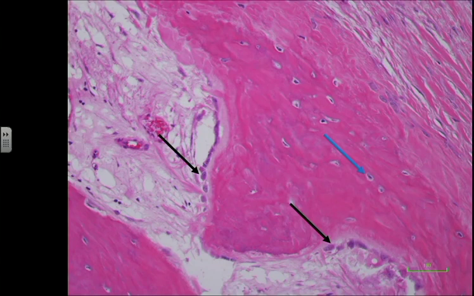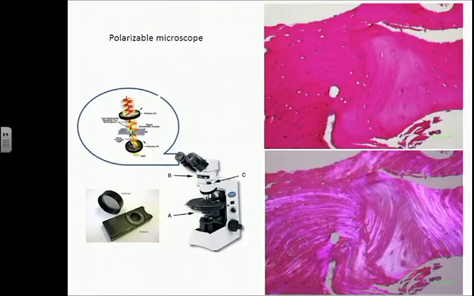In children, it's allowed because the skeleton is growing, and woven bone is the first step for bone formation. But as adults, we're supposed not to see woven bone anymore. So there is an important implication to being able to identify woven from lamellar bone, because it means a disease process in an adult.